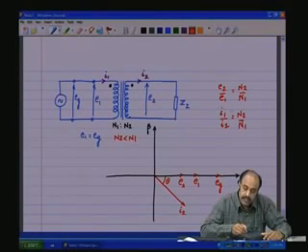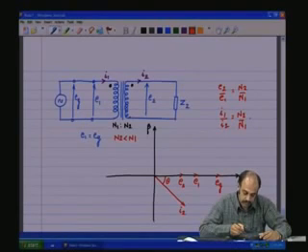This is the inverse proportionality. So N2 by N1 is also equal to I1 by I2.